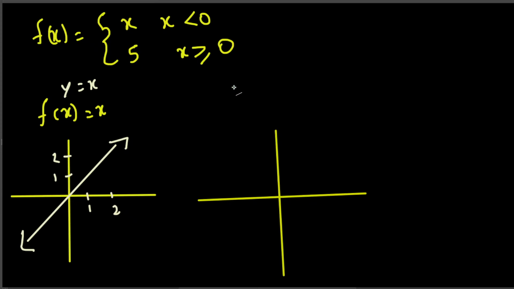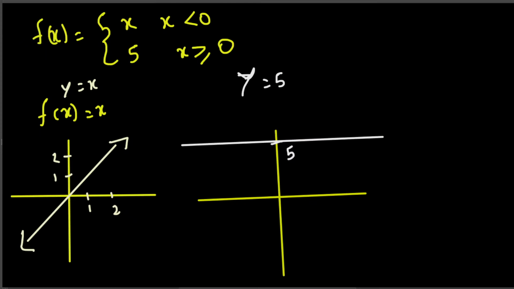Instead of f of x is equal to 5, you can also write it as y is equal to 5. Y is equal to 5 is somewhere here, and there's going to be a straight line through that. So the line is going to look like this.